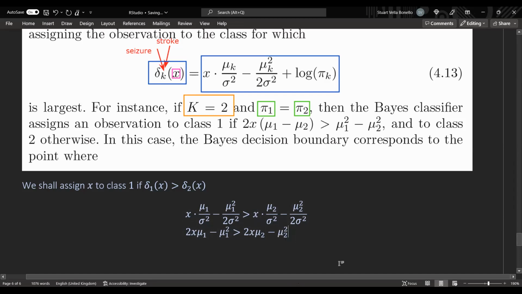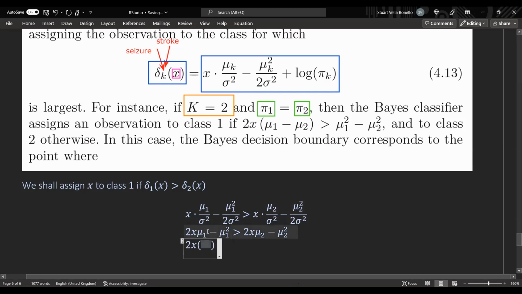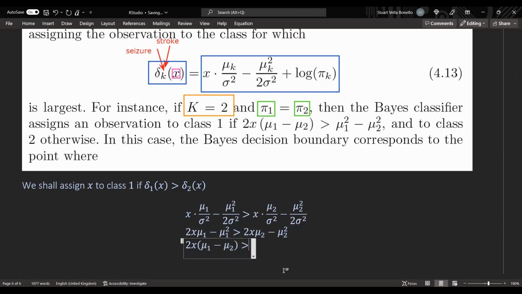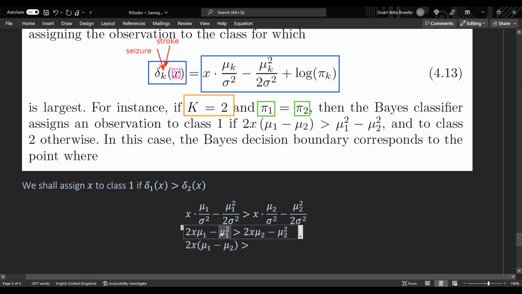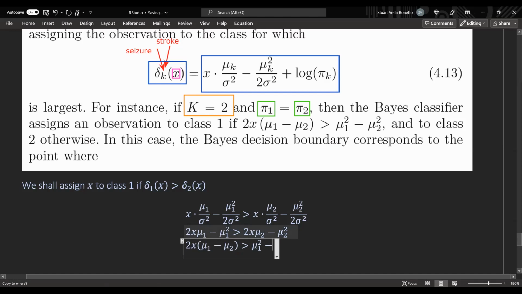And if we tidy things up, we get 2x times mu1 minus mu2. It's starting to resemble what the text has. Is greater than this minus this.